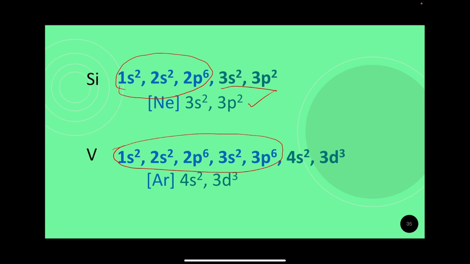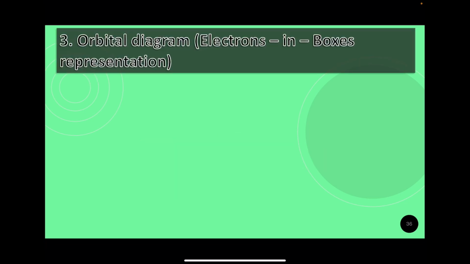From the SPDF notation, you can rewrite the electron configuration using the condensed electronic configuration. The blue part you just change into argon, and then for the remaining part you just write it back without changing anything: 4s2, 3d3. Alright, so this is how to use the condensed electronic configuration.